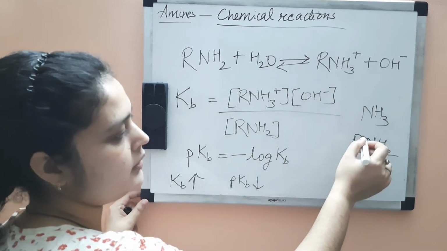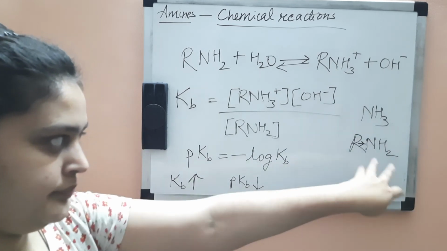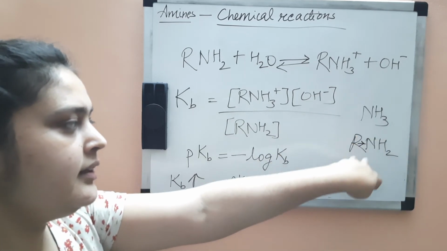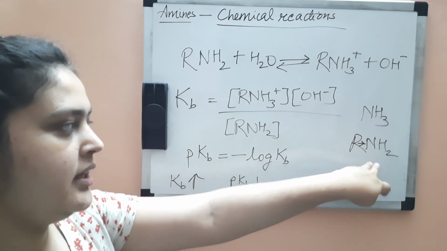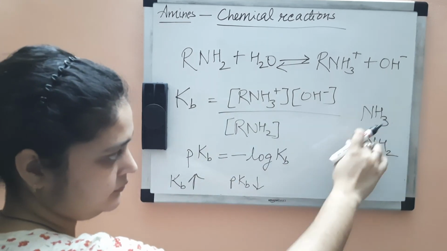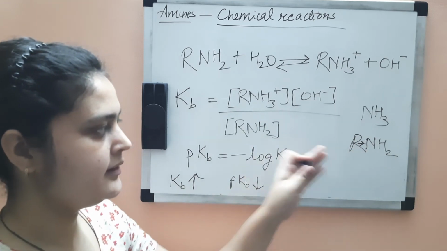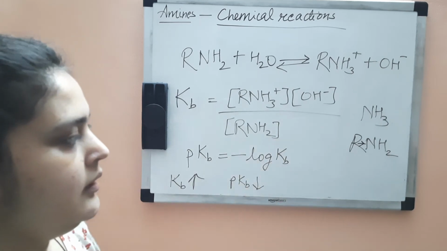Because it has the R group, which possesses the plus I effect. Due to the plus I effect, it releases electrons towards the nitrogen atom, due to which the electron density on the nitrogen atom increases, and hence the basic nature of this aliphatic amine also increases.